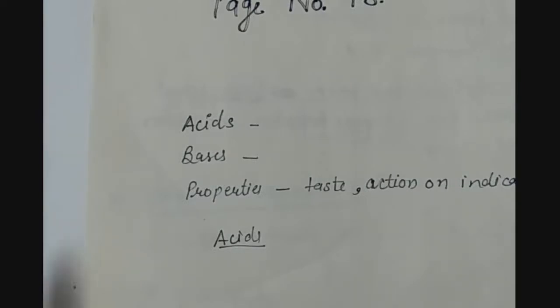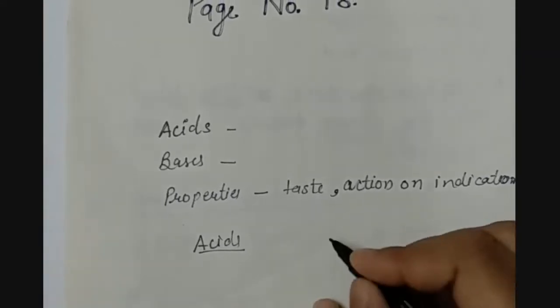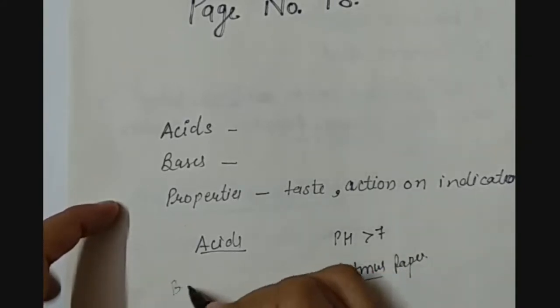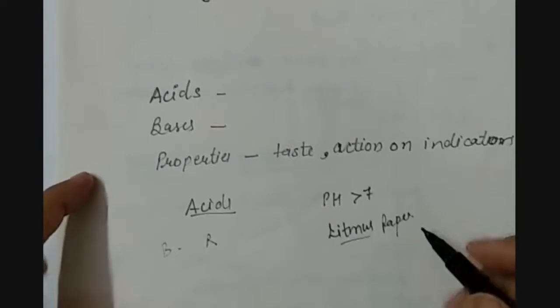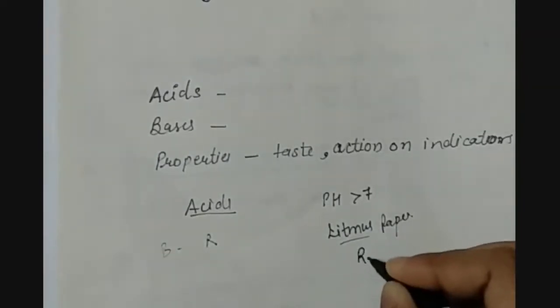Then we talked about the properties of bases. Bases are bitter in taste, soapy to touch, and have a pH value greater than 7. If we talk about indicators, litmus paper: acids turn blue litmus to red color, and bases turn red litmus to blue color.